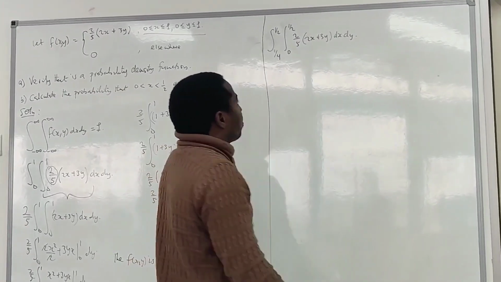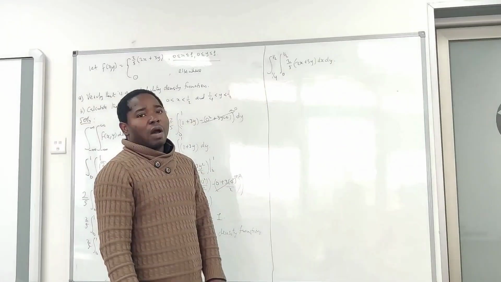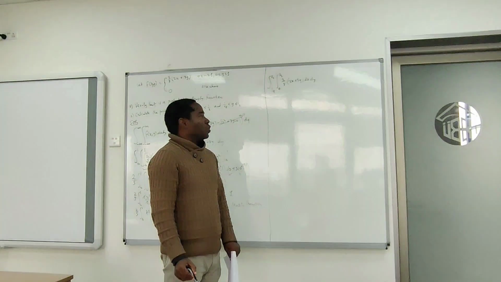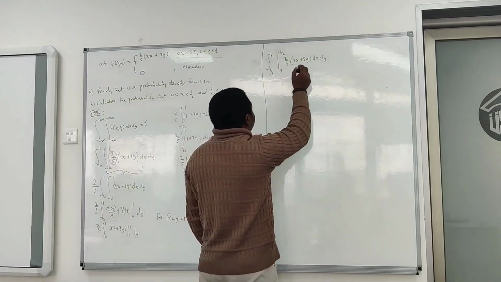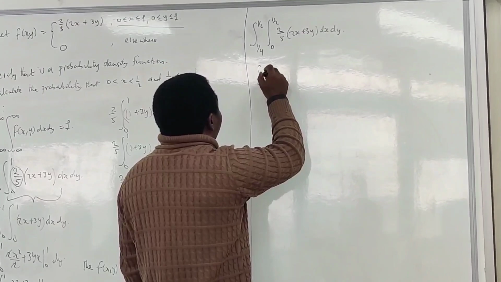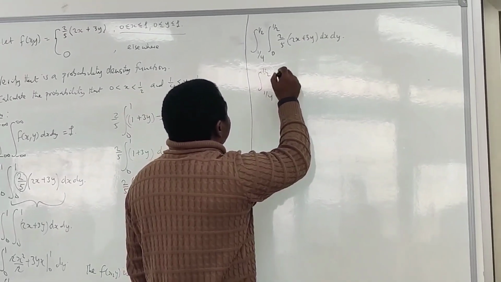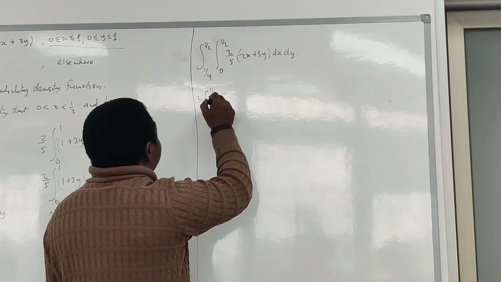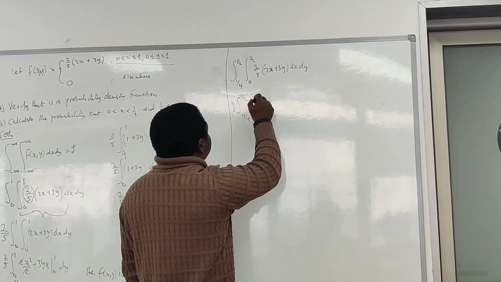Like we did in the previous case, we take our integration with respect to x. Doing that, we are left with the integral from 1 over 4 to 1 over 2. 2 over 5 is a constant, so it goes out of the integral sign.